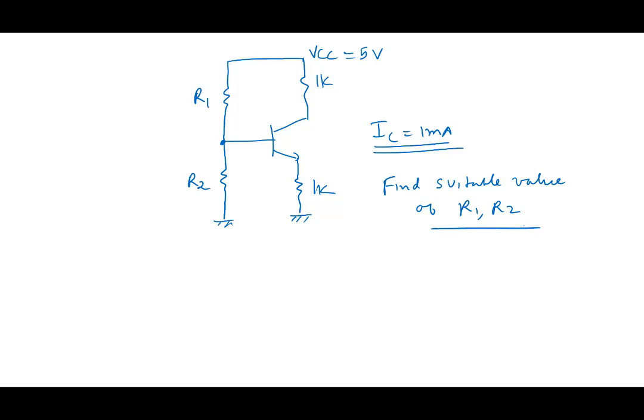All of you do this problem on a separate sheet and submit it. I want the values of R1 and R2 such that I get IC equal to 1 milliampere. I've given the value of RE. Beta is 100; let's use the nominal value of beta, which we know now changes, but the nominal value is 100.